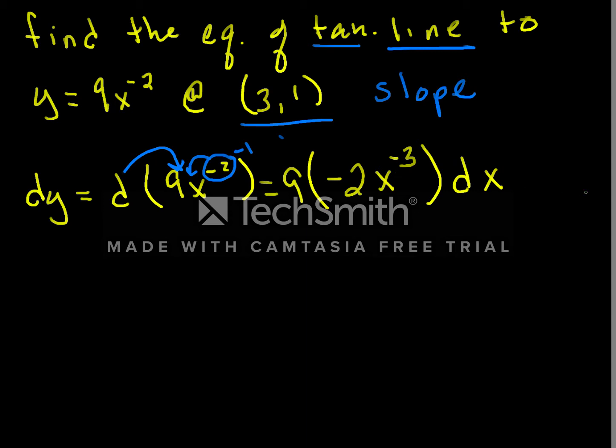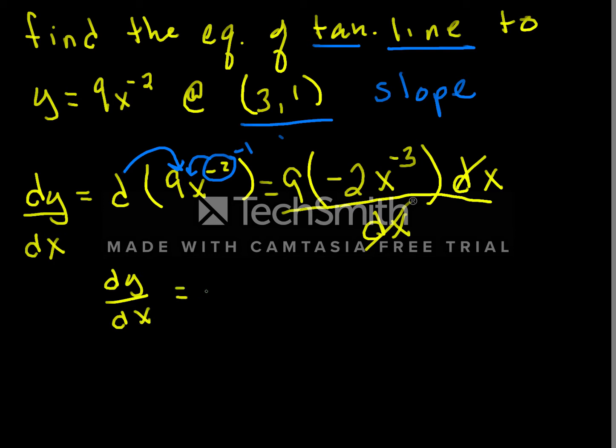And I've got dx all by itself, so now it's quite easy, dy dx is equal to this thing divided by dx. So they cancel. So dy dx is simply negative 18 x to the minus 3.